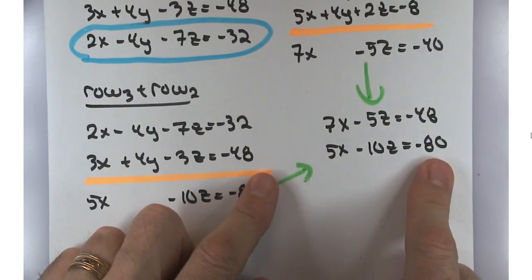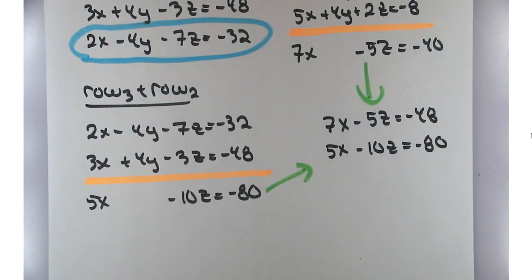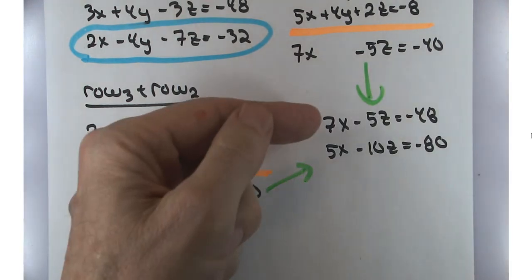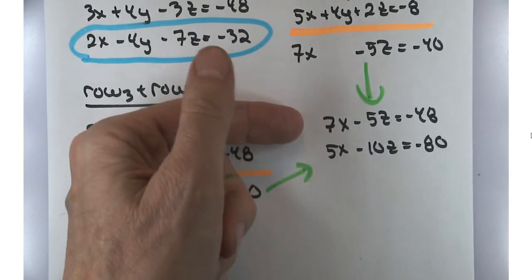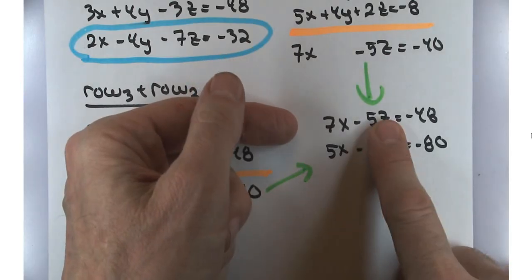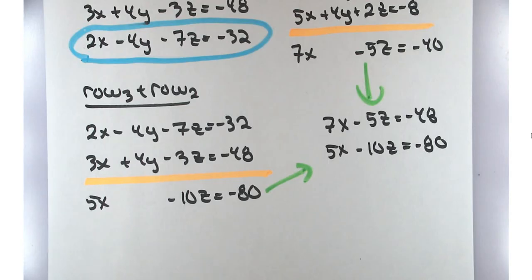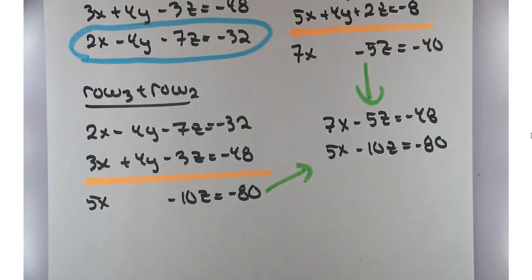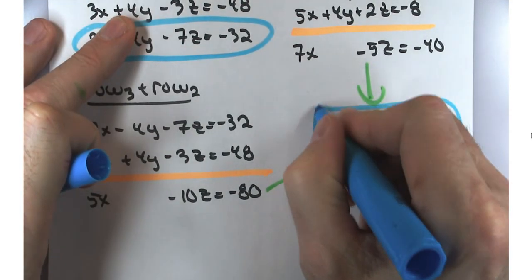I could divide everything by 5 and make this equation a little bit more user-friendly. But at the same time, elimination, all I got to do is multiply this by -2, right? If I multiply this by -2, then I'll have a 10z here. I can add it to what I have down here, and bam, looking good. So I'd probably go with multiply the top equation by -2.